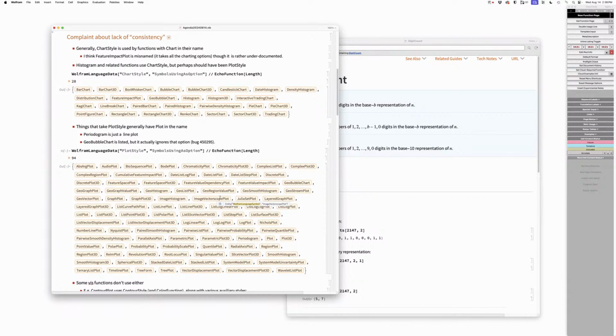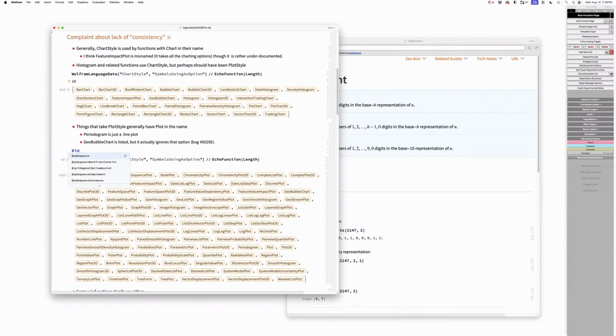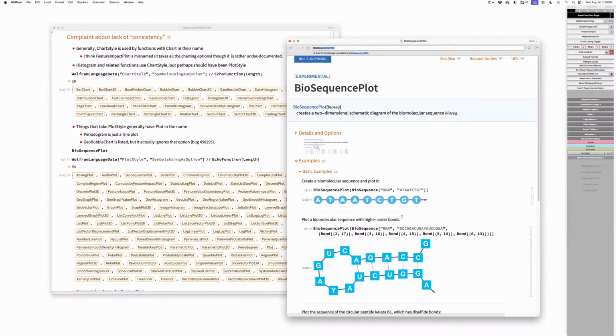But I mean, biosequence plot, for example. Wait a minute, that's, yeah, okay. I have no idea why biosequence plot should take a plot style rather than a chart style.